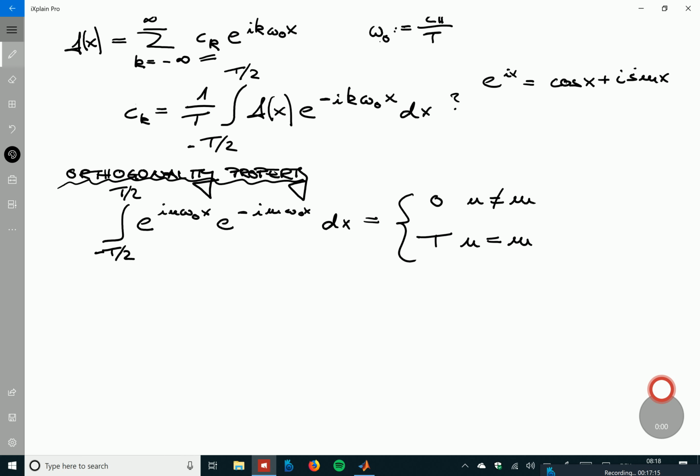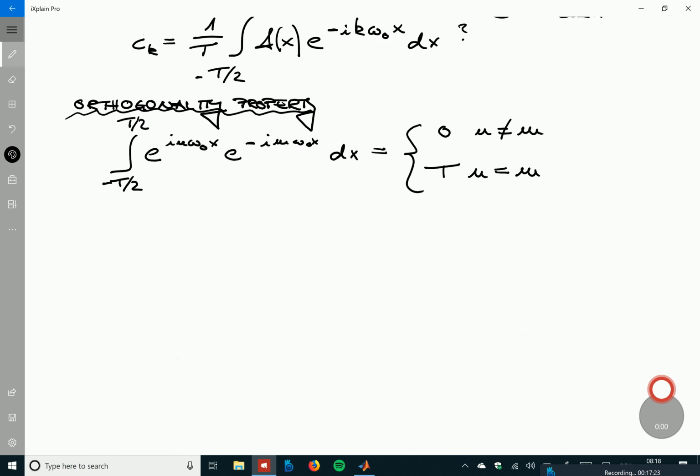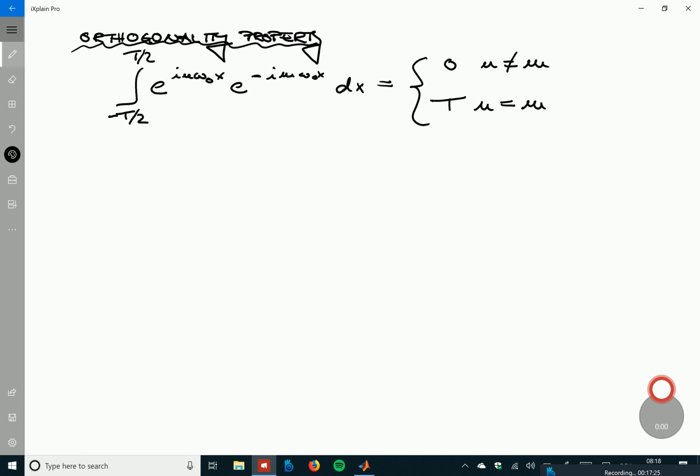And then we do the same thing again as we did for the real Fourier coefficients. So we start with the expression for the complex Fourier series.